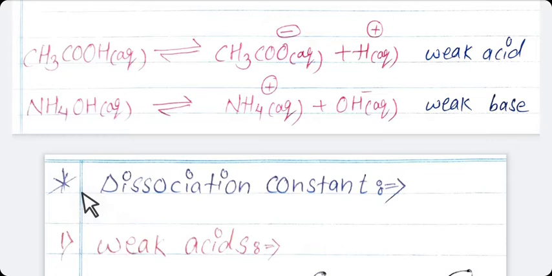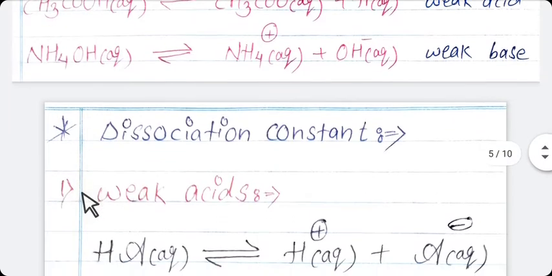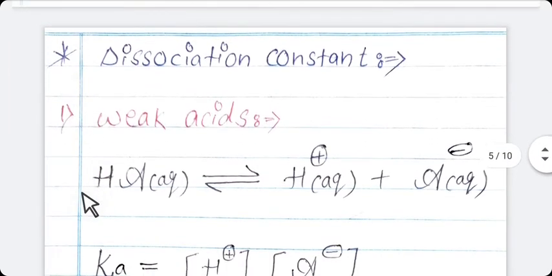For example, first we are using weak acid. We are taking a general reaction for weak acid, HA, aqueous. As it is weak, that's why we are using double-headed arrow.